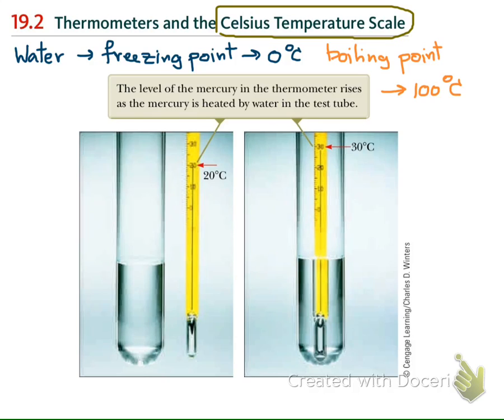Also, we cannot use the expansion of the mercury below the freezing point of the mercury, because again below that point, the mercury will become solid, which we cannot use as the expansion of the liquid mercury as our thermometer anymore.